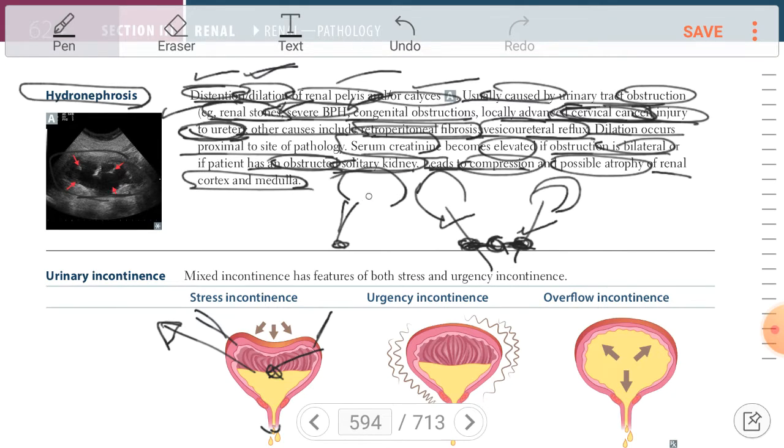This distension and compression by accumulation of the urine, compression on the renal pelvis and calyces, leading to what? Atrophy of the renal cortex and medulla. Atrophy in renal cortex and medulla, leading to what? Blunting of the renal pelvis and calyces, blunting of the calyces.